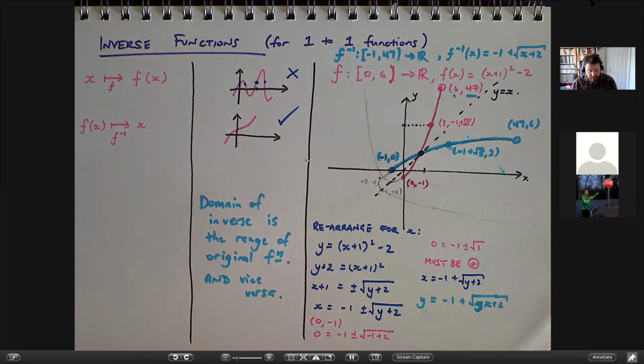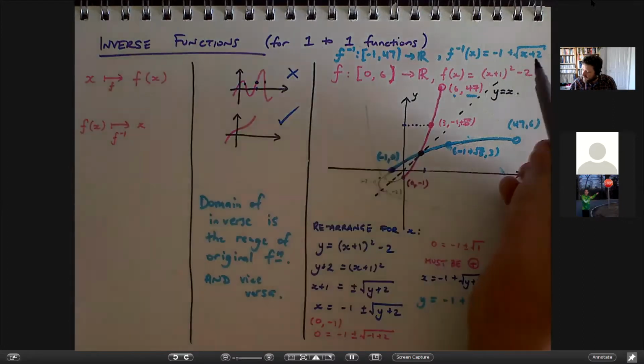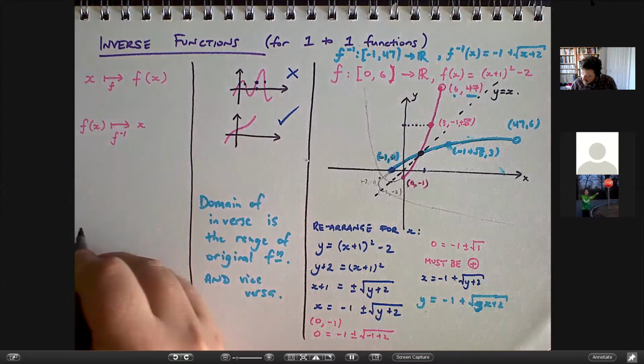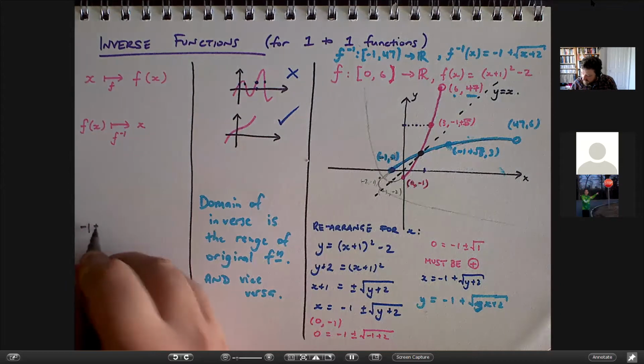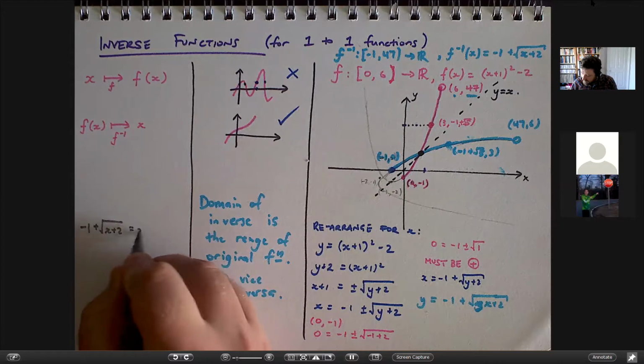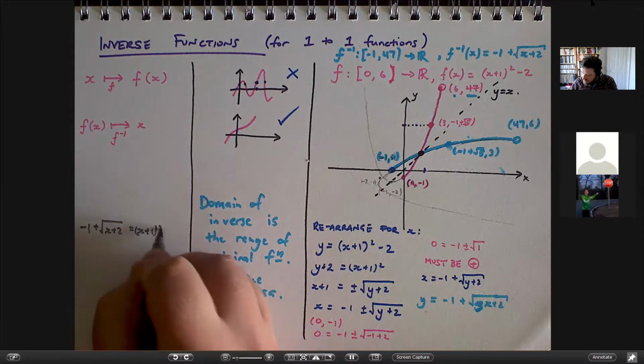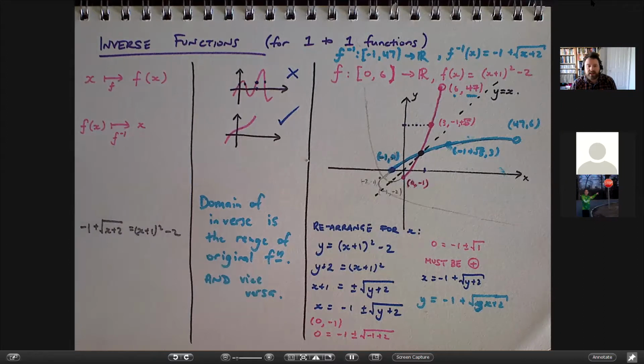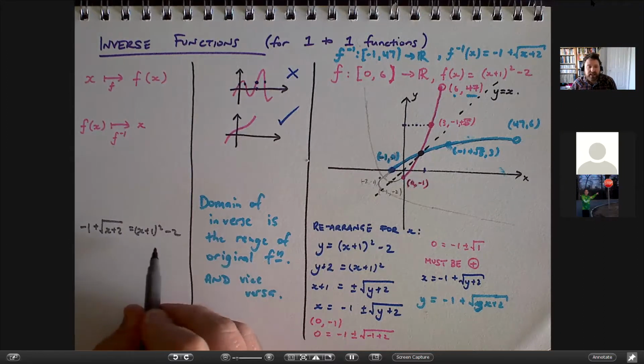In general, that's a really hard problem because you have to set this equal to this. So let me just show you what that looks like. -1 plus root x plus 2 equals x plus 1 all squared minus 2.